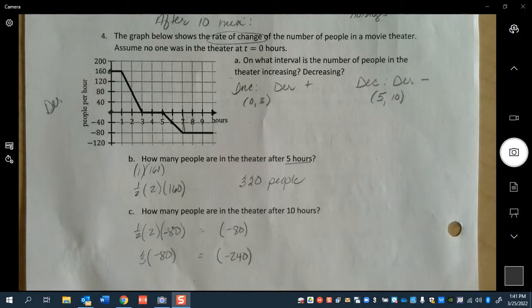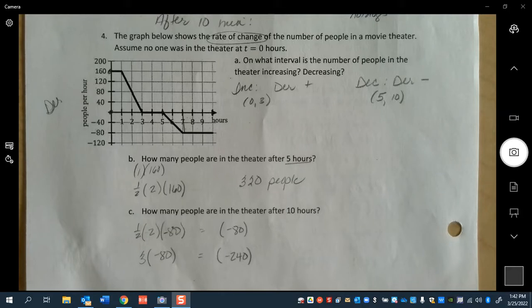The graph below shows rate of change in number of people in the movie theater. Assume no one was in the theater at 0 hours. So 160 people at that first minute are in the theater. On what interval is the number of people in the theater increasing or decreasing?